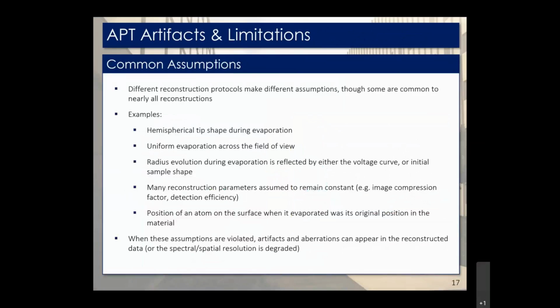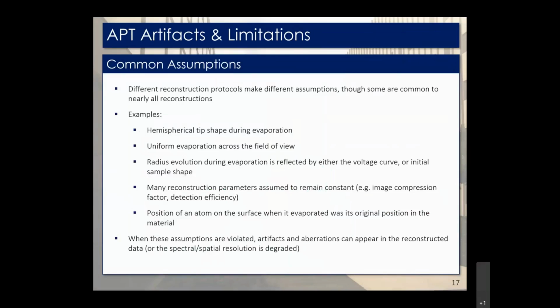So I'd like to talk a little bit now about atom probe artifacts and limitations and how this can affect the final reconstruction that we create. First of all, a word about assumptions. Different reconstruction protocols all make different assumptions, and some are common to nearly all reconstructions.